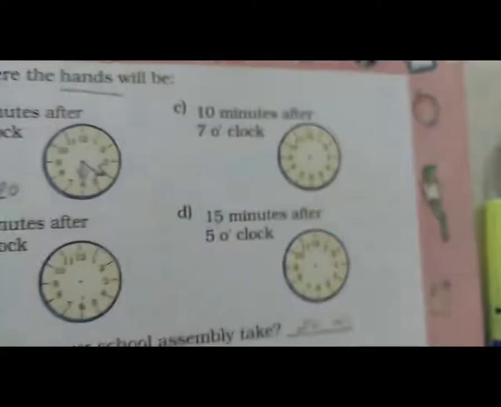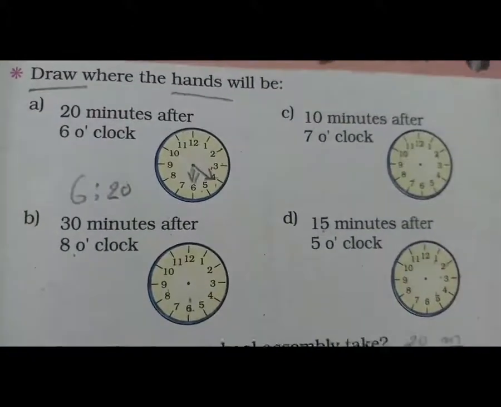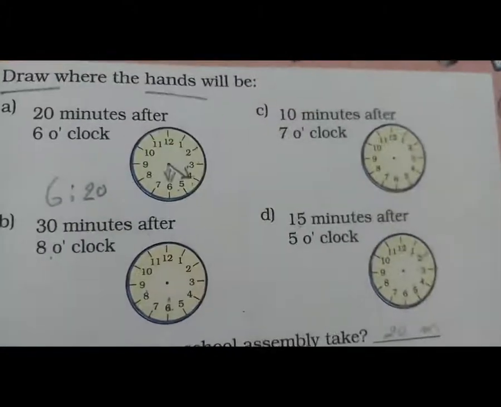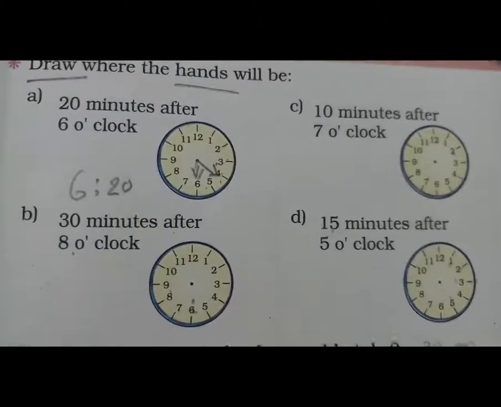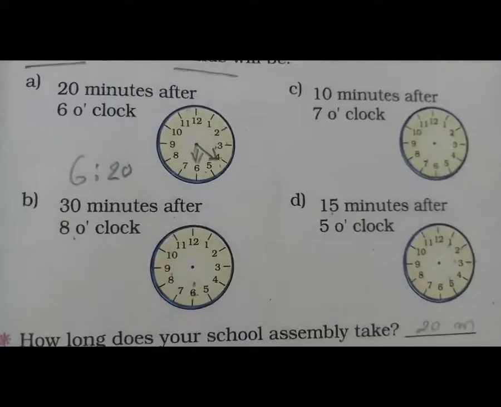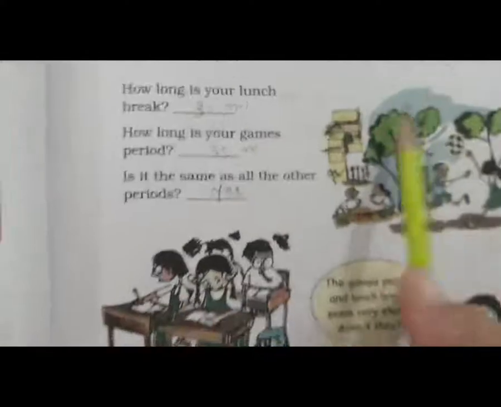That's why you have to draw the big hand and small hand. The big hand is showing minutes and the small hand is showing hours.